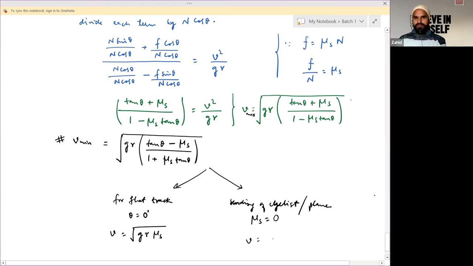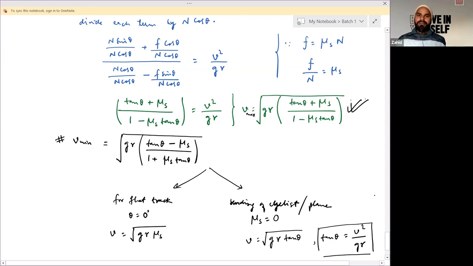So velocity equals root under g r times tan theta, or you may write it as tan theta equals velocity square over g times r to find the angle of bending. So just remember only this formula and you'll get the other formulas from there. Is it clear? Yes, sir.